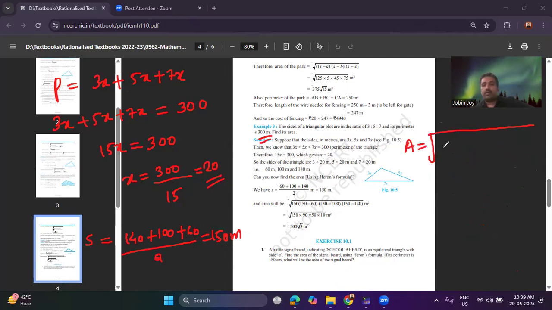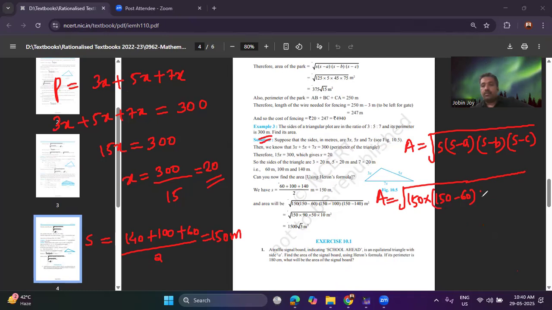Area is equal to square root of S into S minus A into S minus B into S minus C. So area is equal to square root of 150 into 150 minus 60 into 150 minus 100 into 150 minus 140.